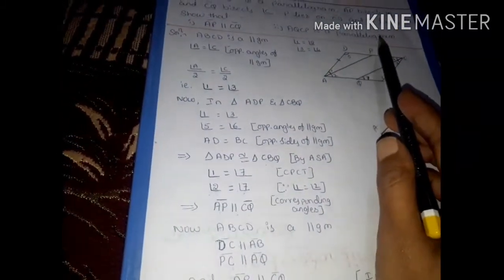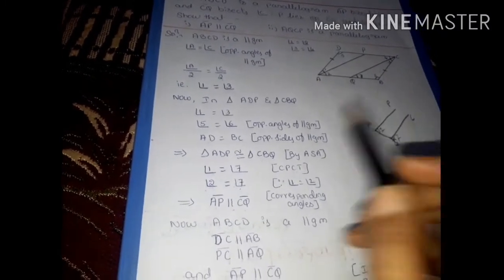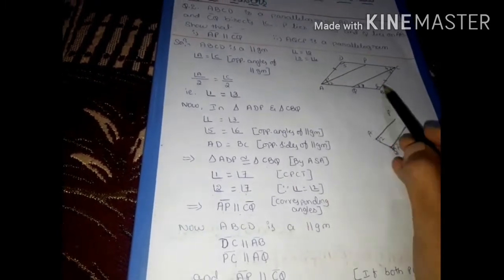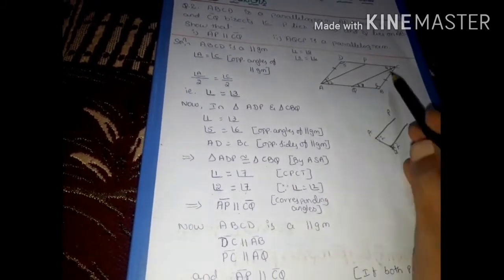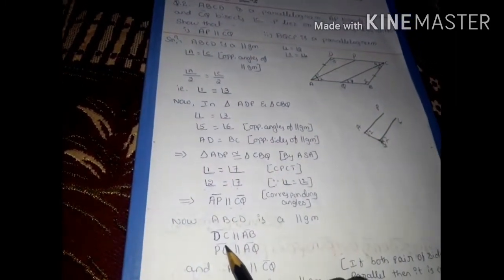AQCP is a parallelogram. To show AQCP is a parallelogram, first consider ABCD is a parallelogram, given.